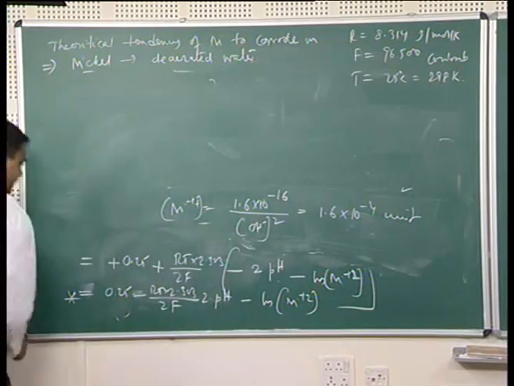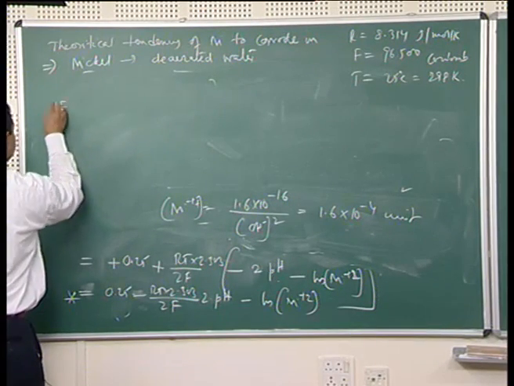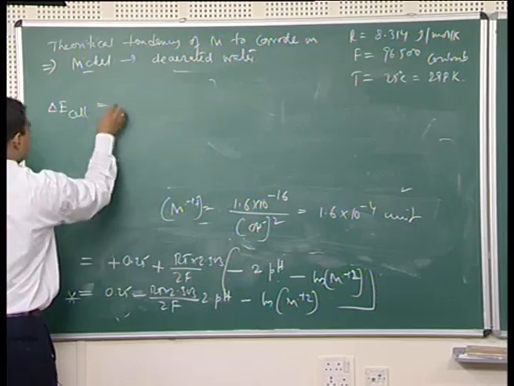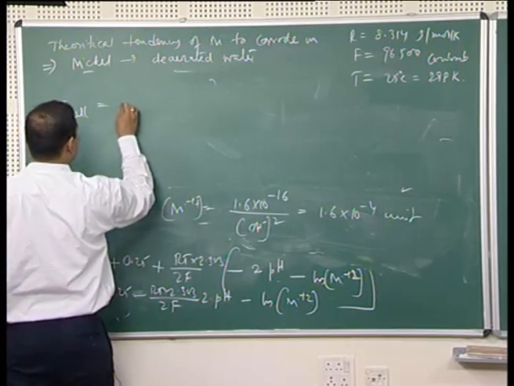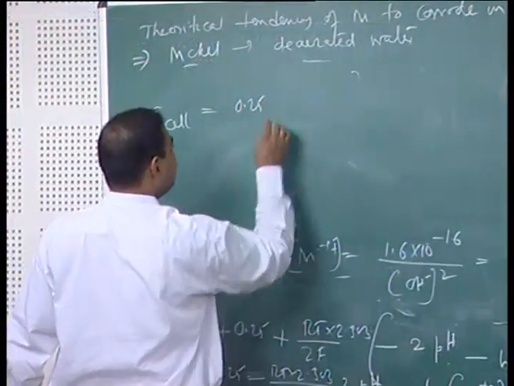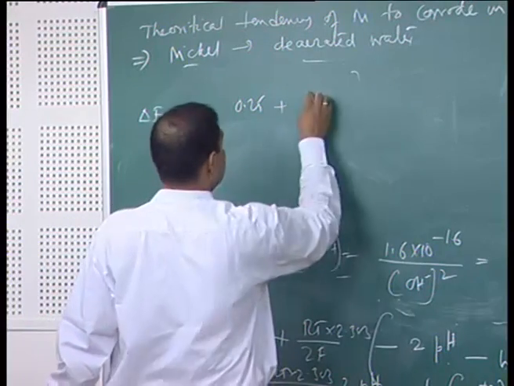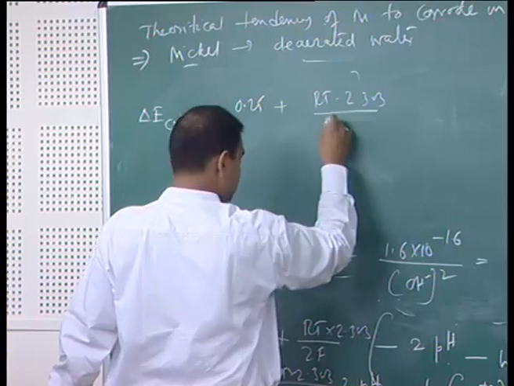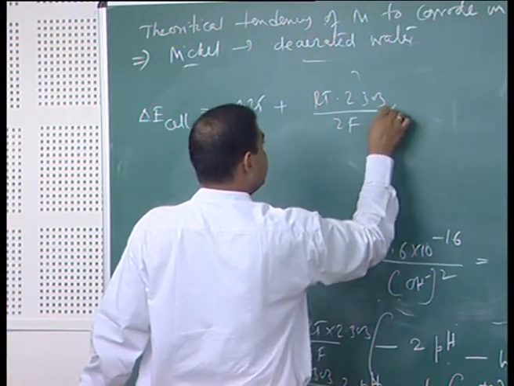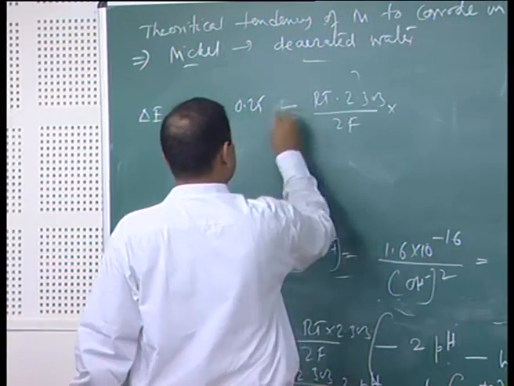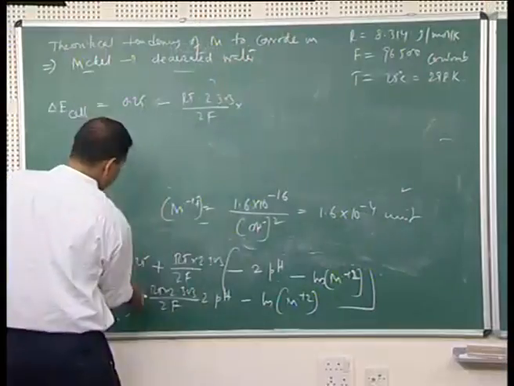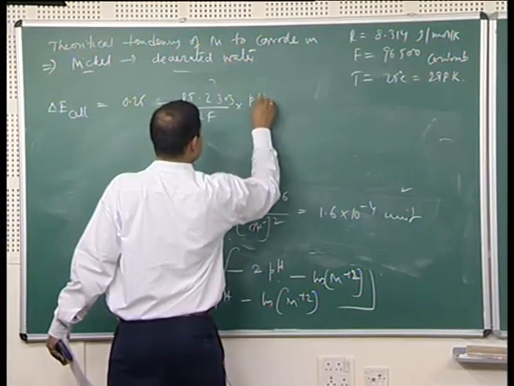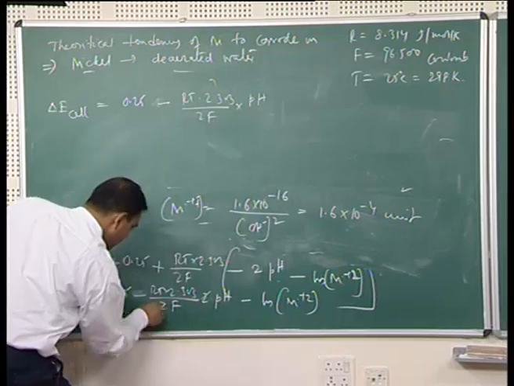In this case, E cell would be equal to 0.25 plus RT into 2.303 by 2F into minus sign, because I have taken the minus sign out, into pH. Here the 2 would get cancelled.